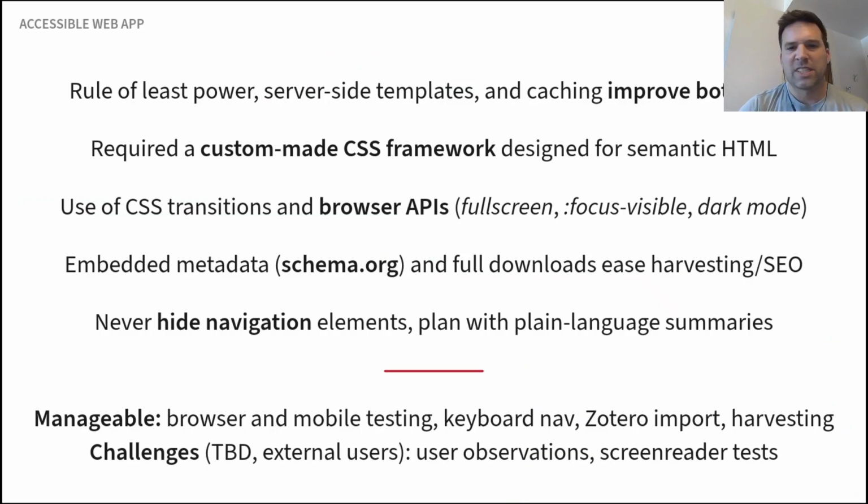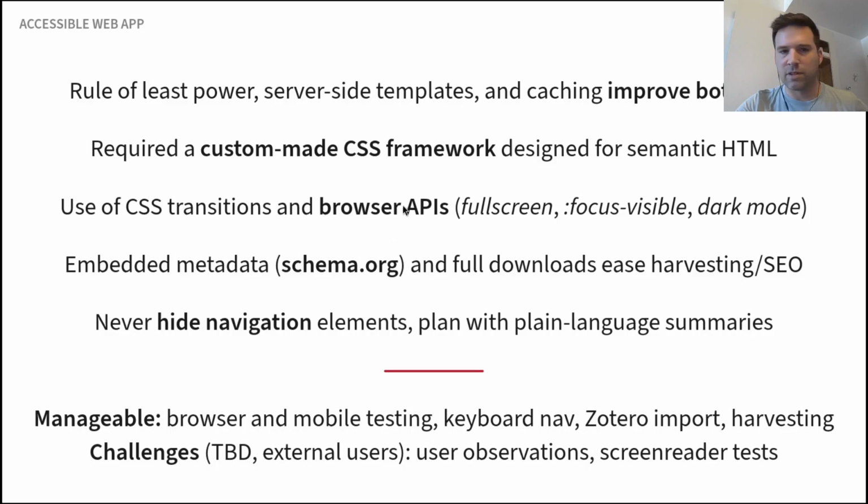So what does that mean, accessible web apps? Our focus really is on making it accessible to everyone, both bots and humans. Server-side templating also includes bot access. This is something we've learned from that experience. We've had to build a custom-made CSS framework to work well with semantic HTML, which we wanted to provide.